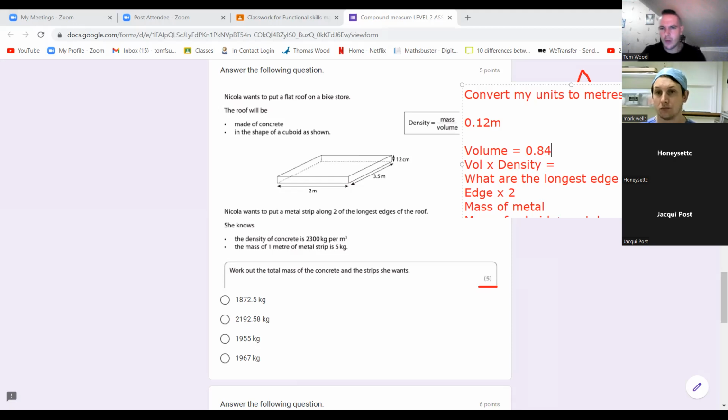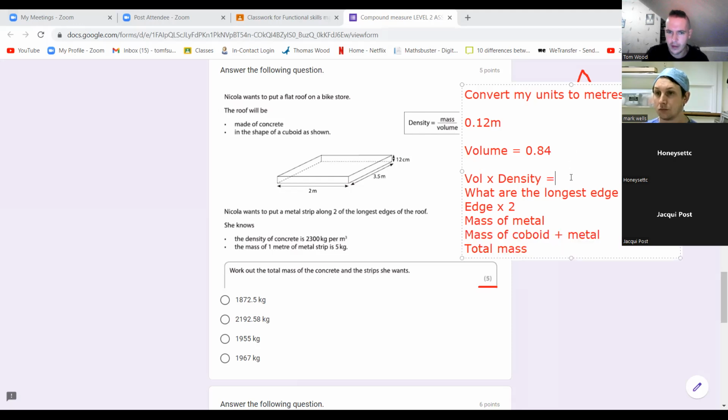So what I want to work out now is how much this weighs. I know the density. The density is like the weight per meter cubed. The reason I'm working with this link is because the density is 2,300 kilograms per meter cubed, and I haven't got exactly 1 meter cubed.